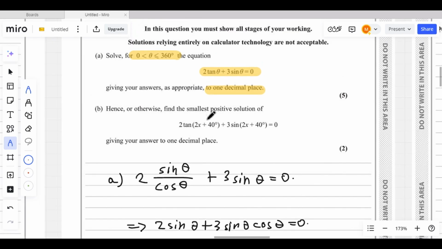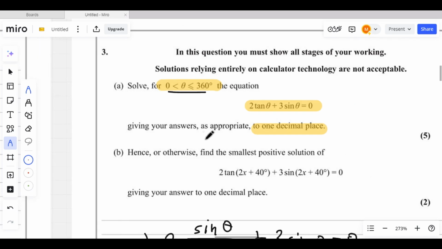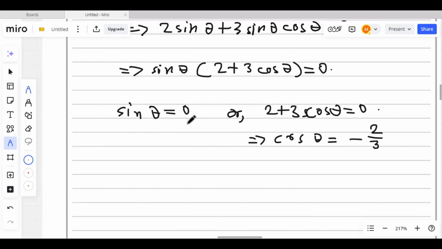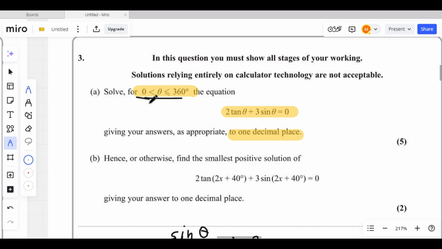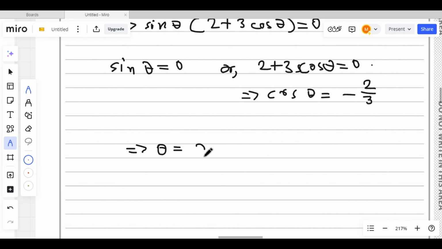The interval for theta is given from 0 to 360 degrees. We know that the value for sine at 0 degrees is 0. So theta can be 0, but 0 is not included within the interval, so we can't write 0 degrees.